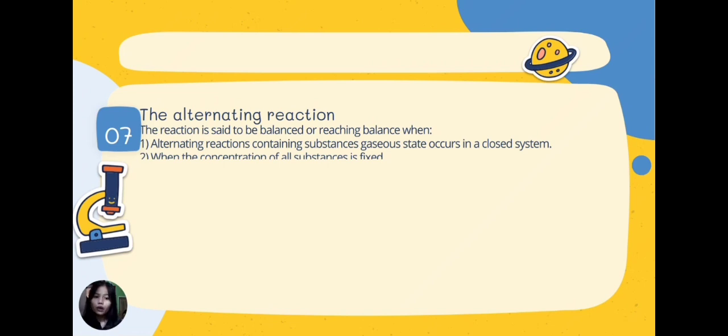The rate of the forward reaction V1 equals the rate of the backward reaction V2. Example: the following equilibrium reaction, N2 plus 3 H2.